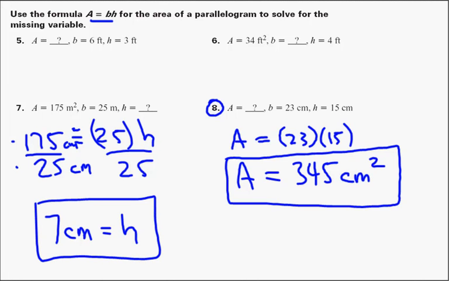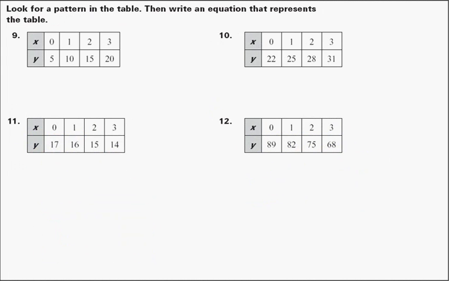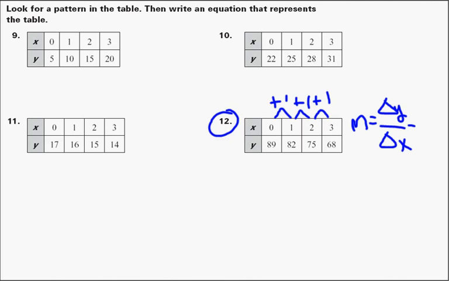Moving along. This is the other thing. This goes back to what we actually did in class. Let's say number 12 here. The change in x is plus 1 all the time. So this is going to be my slope, the change in y over the change in x, and the change in x is 1. Down here, it looks like we're going down by 7 every time.